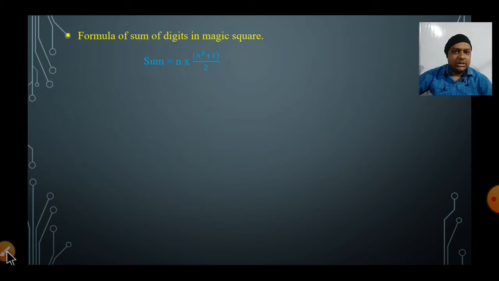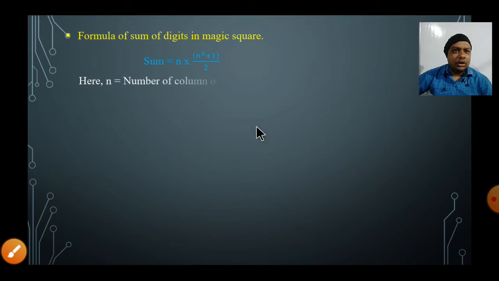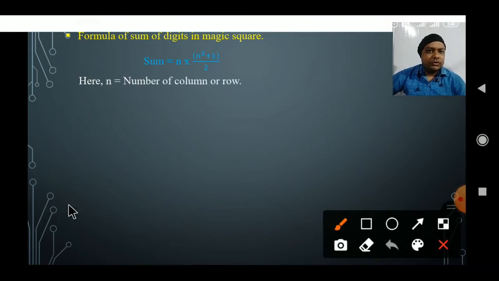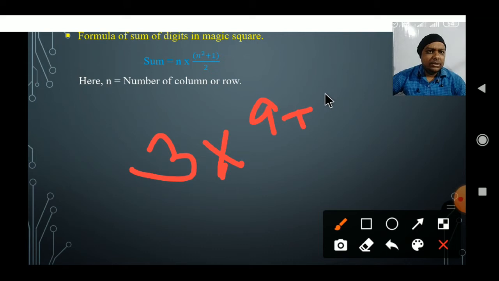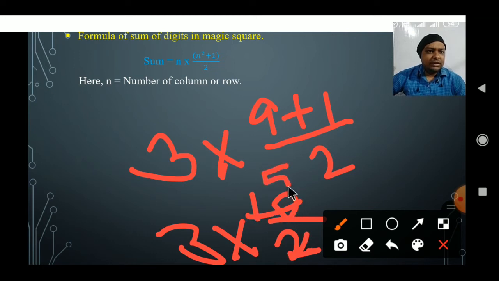Here n is equal to the number of columns or rows. In a 3 into 3 magic square, the number of columns or rows is 3, so the value of n is 3. So 3 into (3 square plus 1), it means 9 plus 1 is 10, so 10 by 2 is 5, and 3 fives are 15. You will get your result.